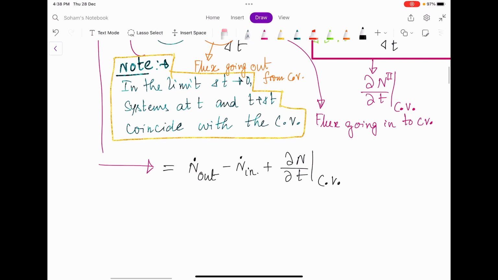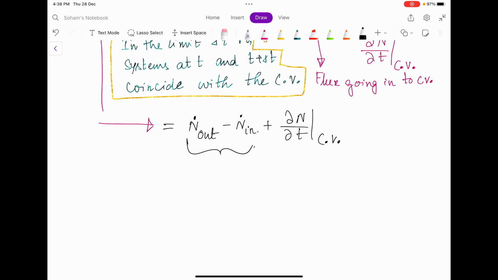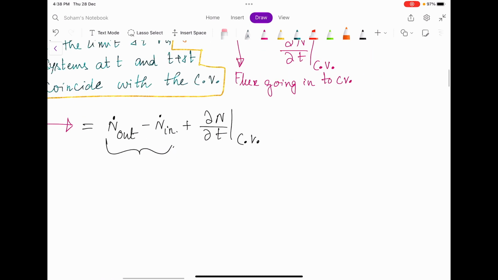So these fluxes can be written as follows. Consider this as your CV, and a small elemental surface, so this is your dA.